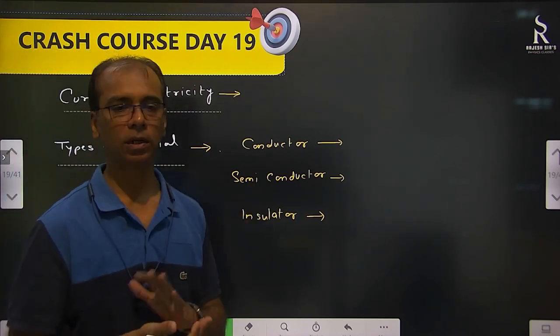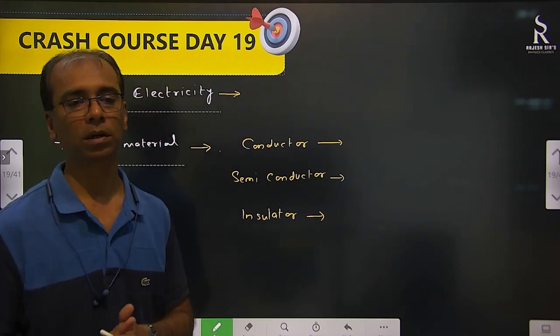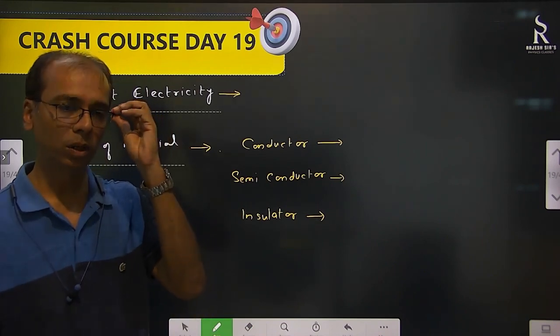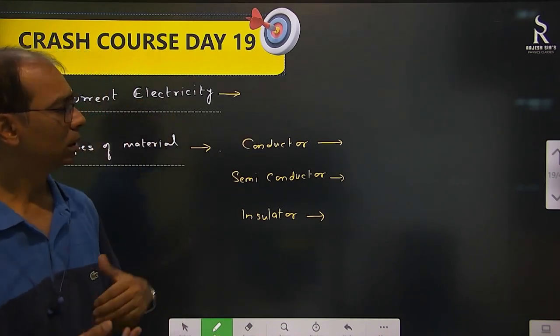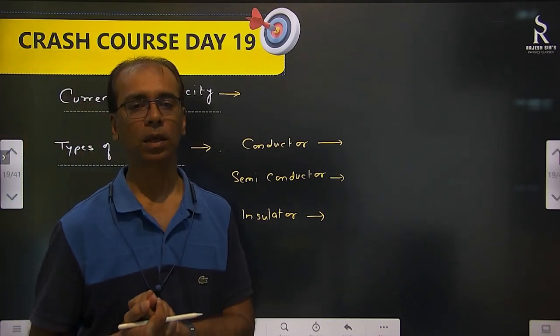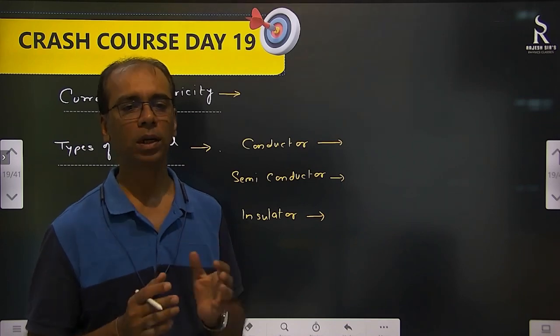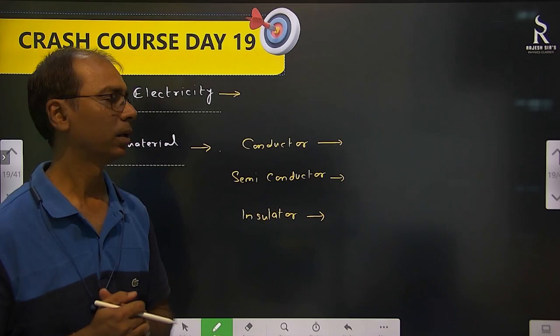Insulator doesn't have free electrons. So even if you apply a potential difference across an insulator, no current flows because there are no electrons to carry it. Semiconductor is in between. Semiconductor has very few electrons, so it does conduct but very little current.